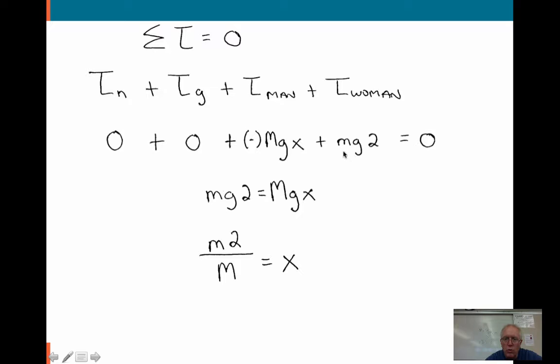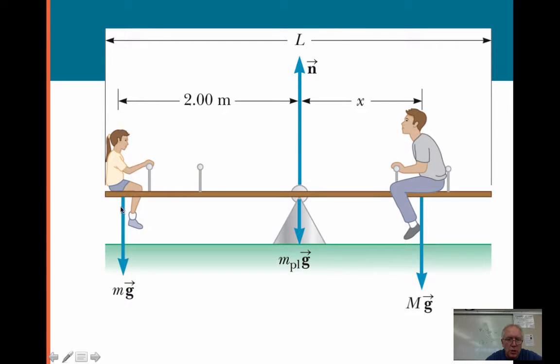Here's my torque for the woman. It's the smaller letter m multiplied by g. That's the force multiplying by her radius, which we know to be 2 from the point that I picked as my rotational point. Let me go back again and show you what I mean. The woman over here has a force, mg, pulling down, which would have the plank going counterclockwise, and her distance is 2 meters.